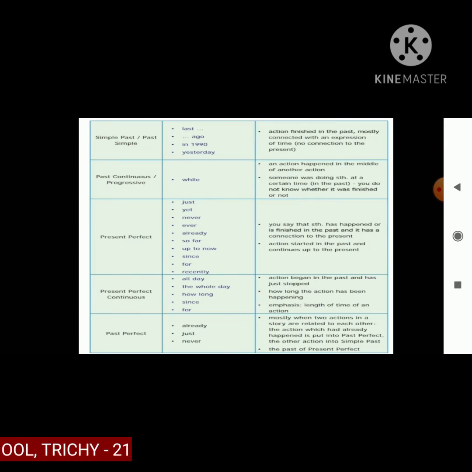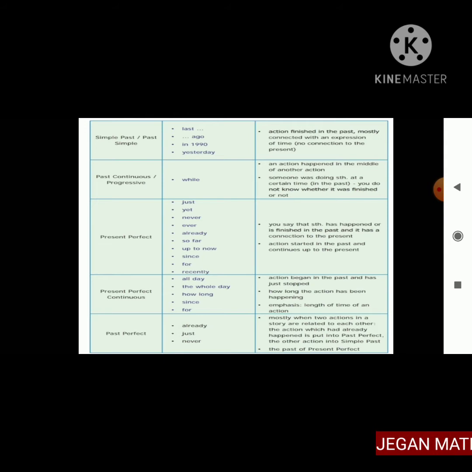Simple past. So now, simple past, the clue words here: last, ago, in 1990, yesterday. So those are clue words. A simple past, how will you make? Action finished in the past, mostly connected with an expression of time, no connection to the present.